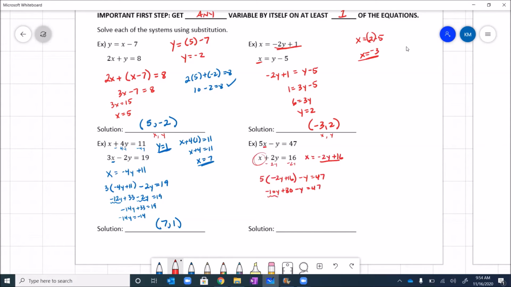Combine my like terms, gives me negative 11y plus 80 equals 47. Subtract 80 from both sides, negative 11y equals negative 33. Divide by negative 11, and I find that y is 3.